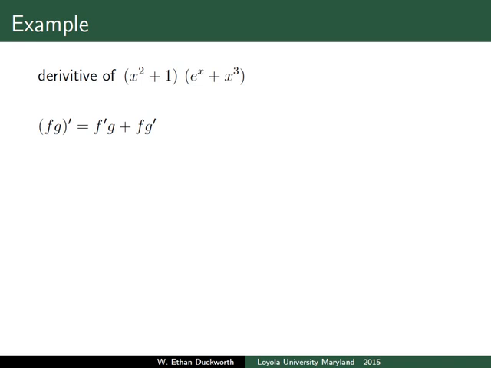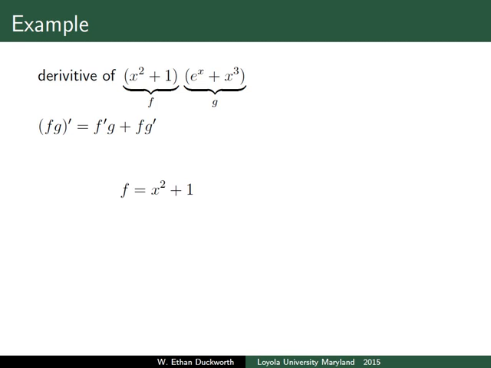Now when you use the product rule, you need to label or at least identify in your head which part is f and which part is g. And there's a couple ways you could do that. You could write down underneath a little bracket or a line that says this is f and this is g. But it might be worth writing it down a little more carefully than that as a whole step.